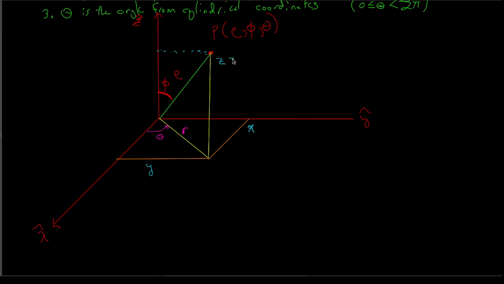So I guess we could say z is rho cosine phi. And that is the projection from rho to z. Well, this r vector is perpendicular to z, and so this is the co-function down here. And so r itself, r is equal to rho sine phi.